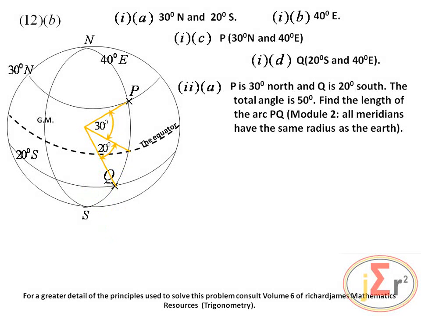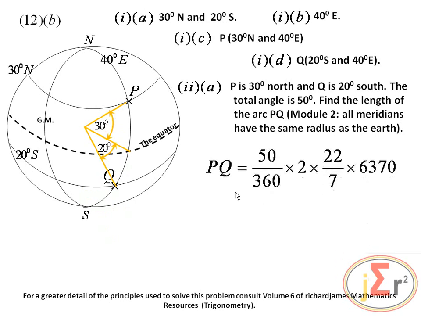So there we have it. We have P and we have Q. P is 30 degrees north and Q is 20 degrees south. So we have a total of 50 degrees.